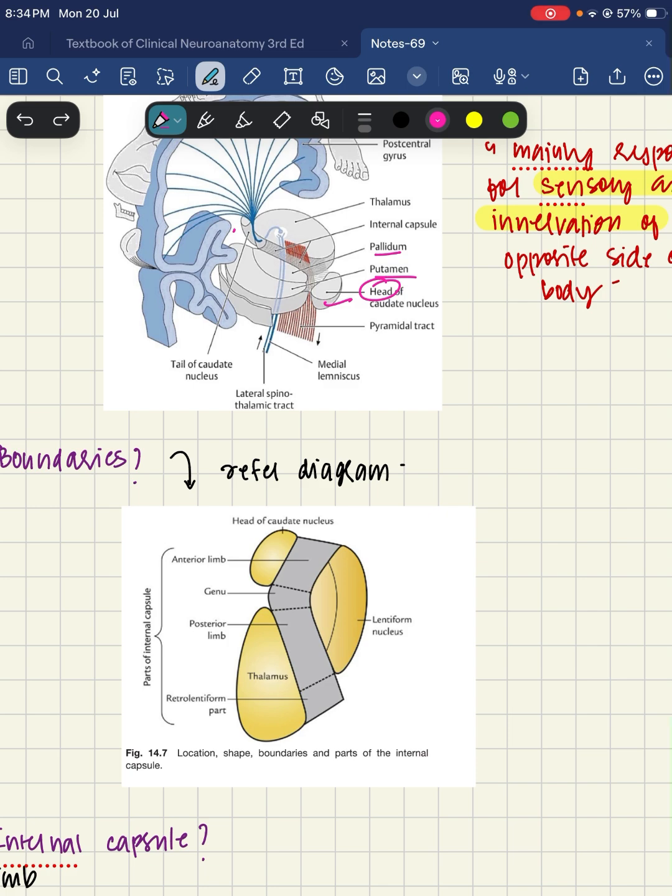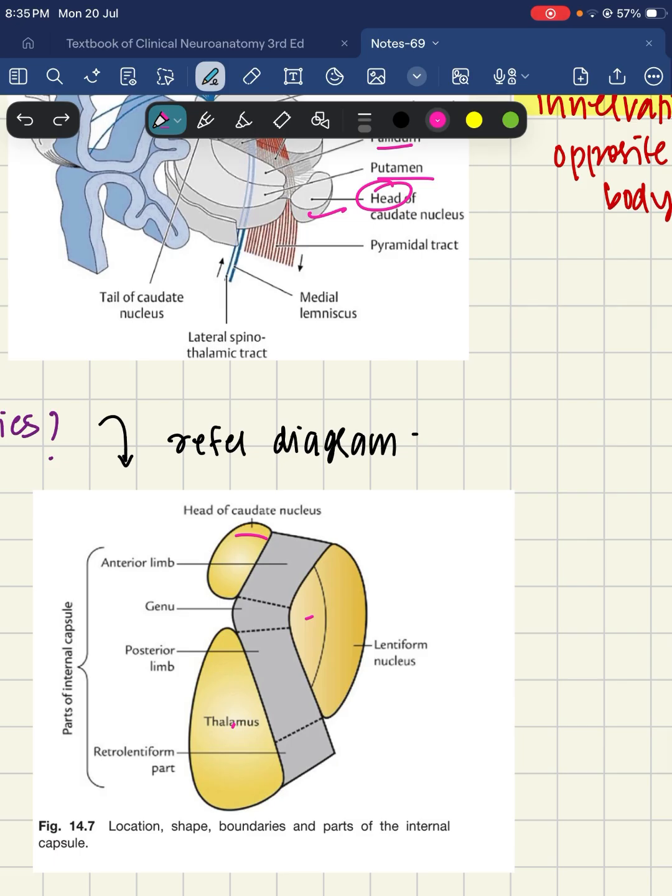You should know that this is a 3D structure, so there are parts of it which extend behind and below also. This is the head of the caudate nucleus, this is the thalamus, this is the lentiform nucleus, and this is the internal capsule. The part up to the bend is the anterior limb.